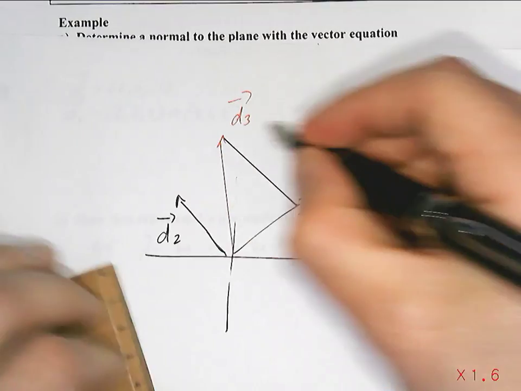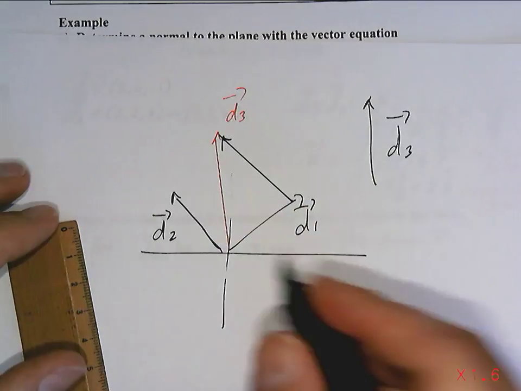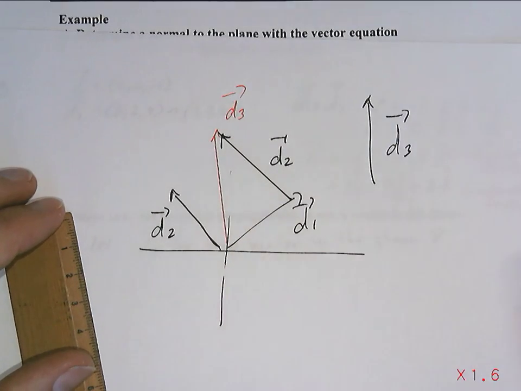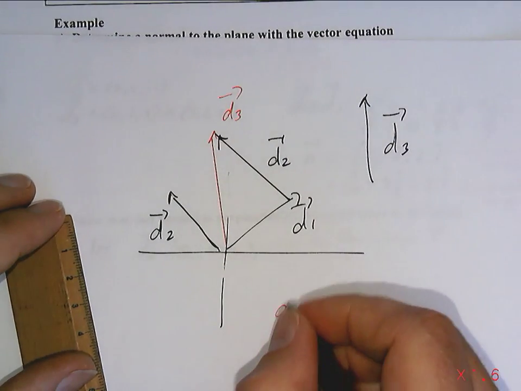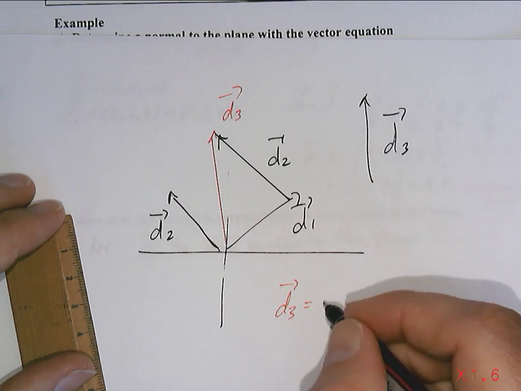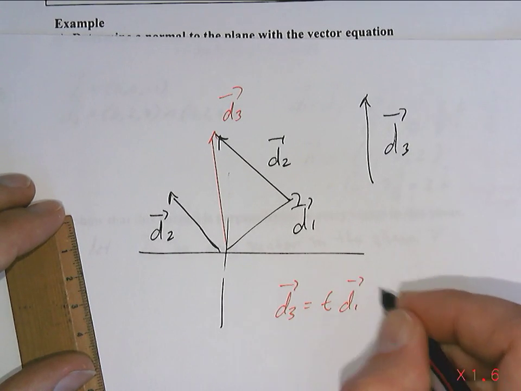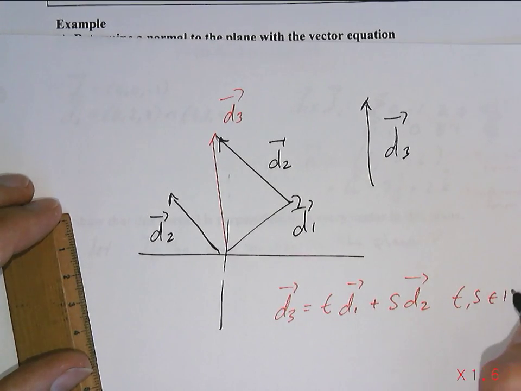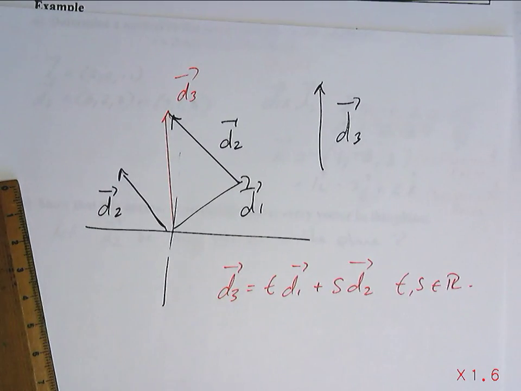And that's just simple vector addition, right? So D3, in this case, is going to be composed of T D1s plus S D2s, where T and S are elements of the real numbers. So in other words, they are scalars. So they're multiplying it to get you that length.